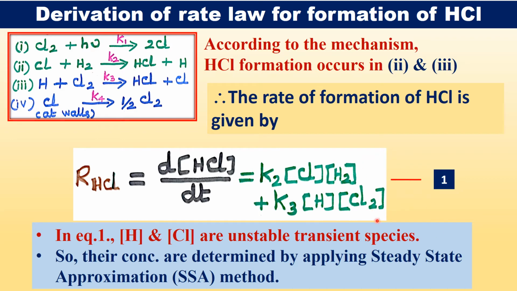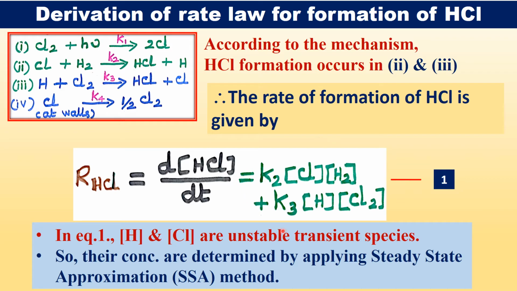In this equation, the concentrations of hydrogen gas and chlorine gas can be readily determined, whereas the chlorine atom and hydrogen atom are unstable, highly reactive transient species. They are formed and immediately reacted with H2 or immediately reacted with Cl2.